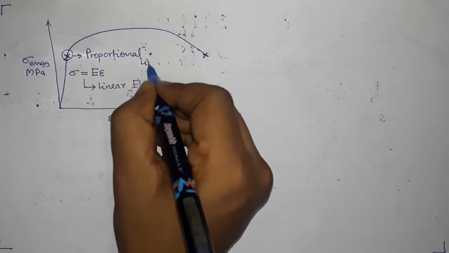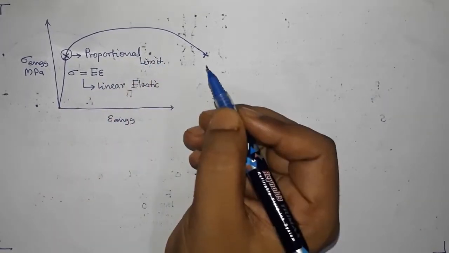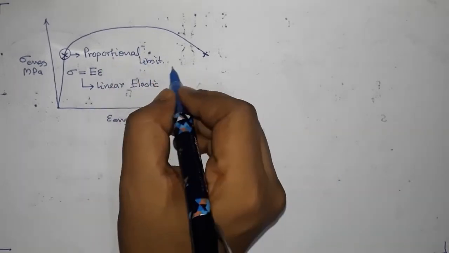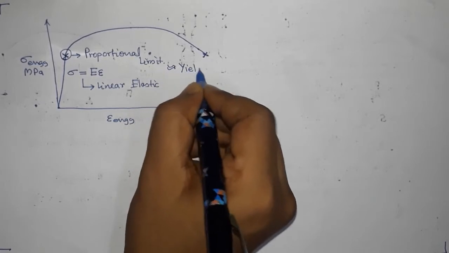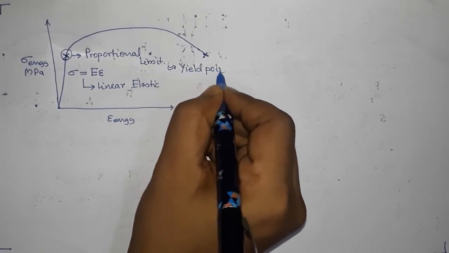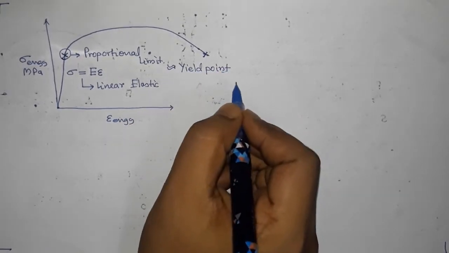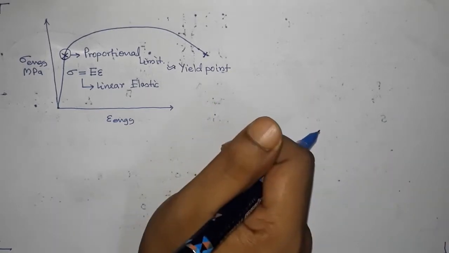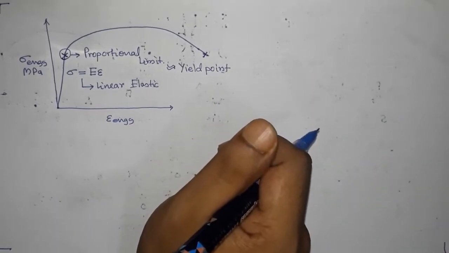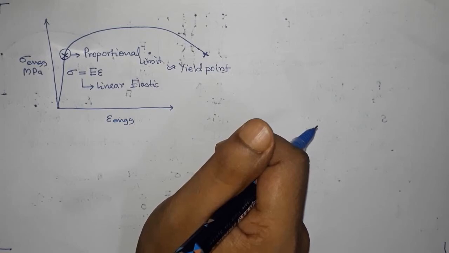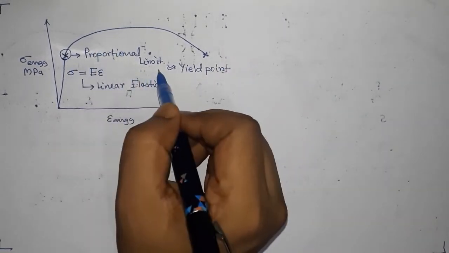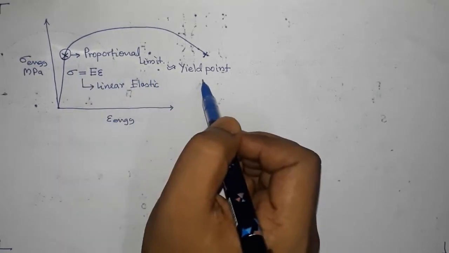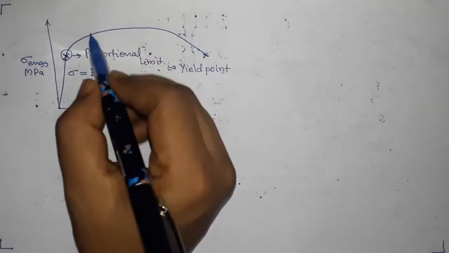Okay, proportional limit, which is many times equal to the yield point. Okay, yield point is the point where plastic deformation starts in metallic materials, right? So this point is proportional limit, also known as yield point in most cases.